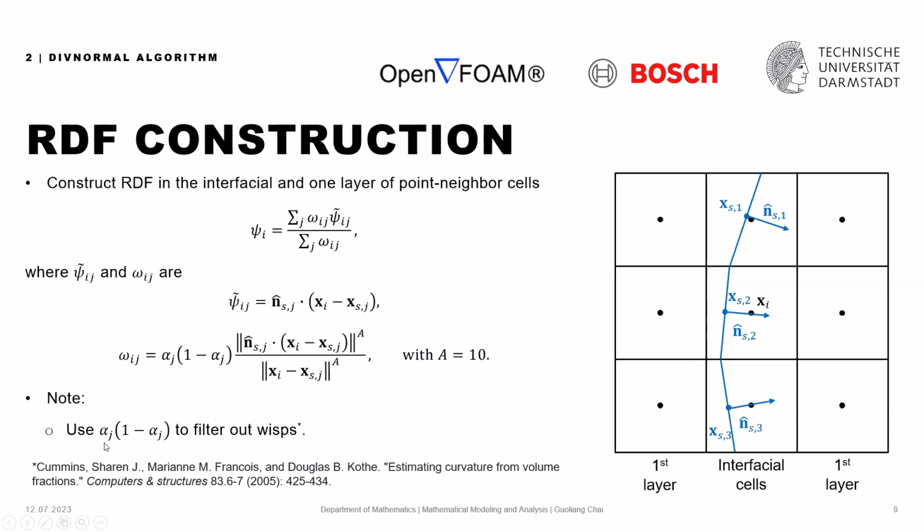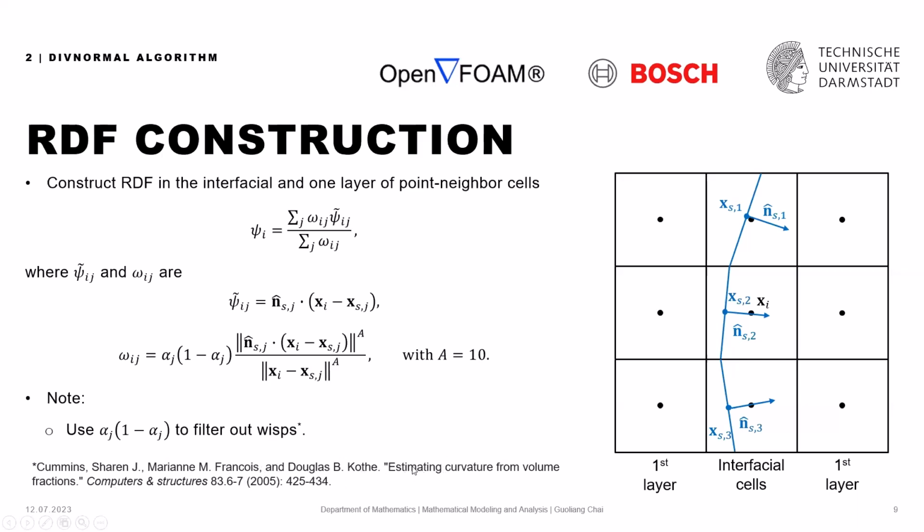And here we use alpha times 1 minus alpha to filter out the wisps. Wisps are the cells whose alpha value is very close to 0 or very close to 1, so their surface in the cell will be very small. This is actually a reference from this paper.